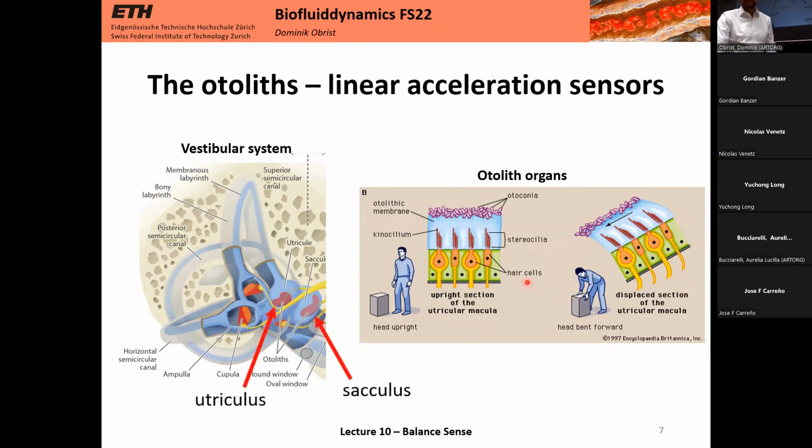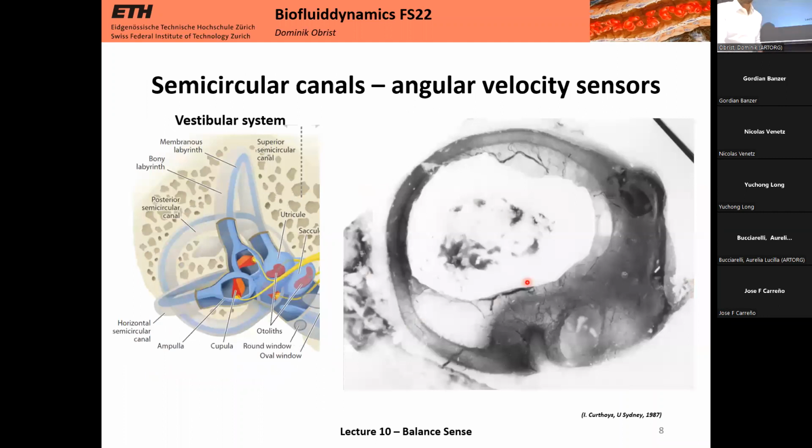Let's move on to the other part, which actually turns out to be way more interesting for fluid mechanics. And these are the semicircular canals. Usually it's sufficient to look at just one of the three. Note that these three semicircular canals are oriented in mutually orthogonal planes.